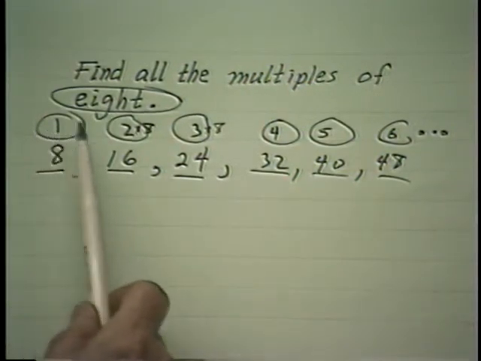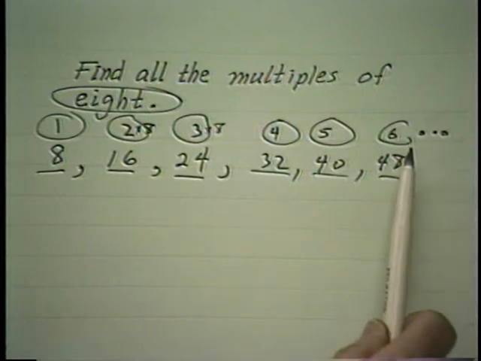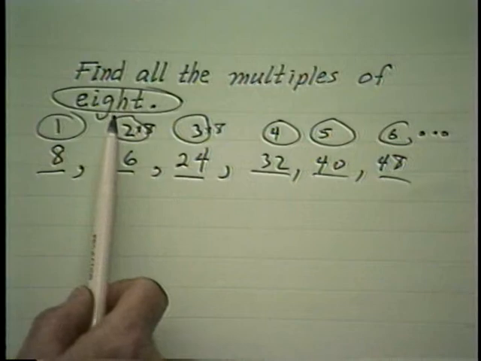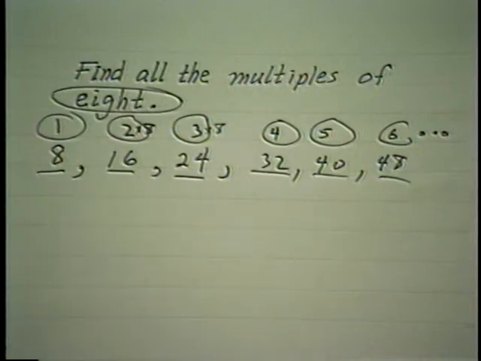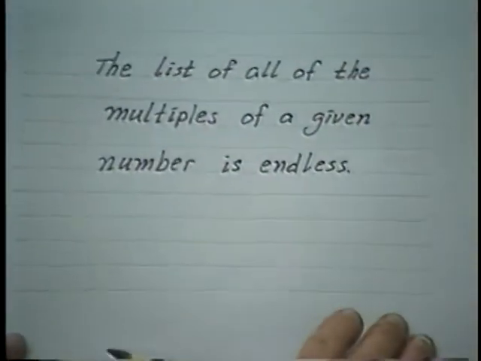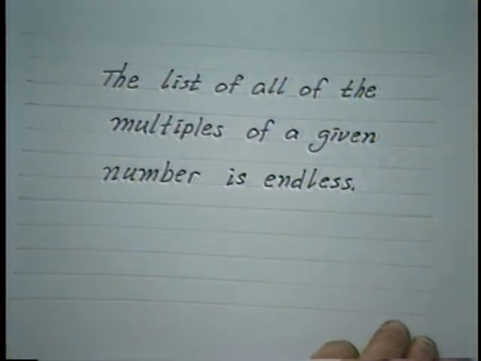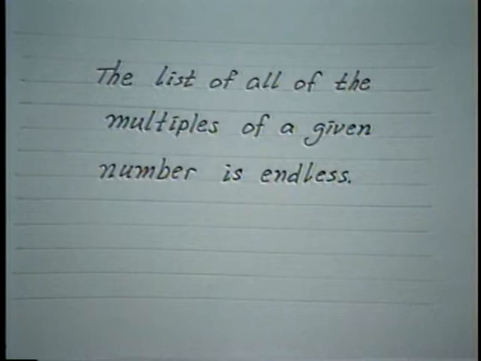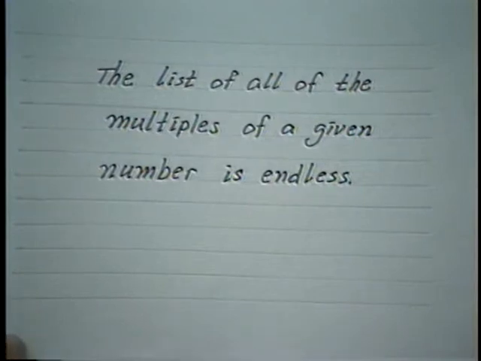Well, since the counting numbers go on forever, the list of all the multiples of 8 is an impossible list. It goes on forever. So, point of fact, the list of all the multiples of any given number is endless.